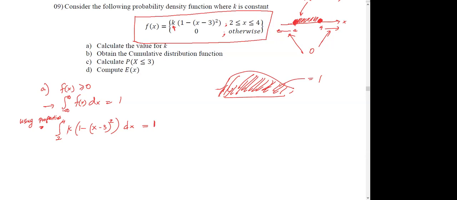Then what do you have to do? It is easy, you know how to deal with this, right? Once you integrate this, you will get x minus 3, cubed, divided by 3, from 2 to 4, equals 1.